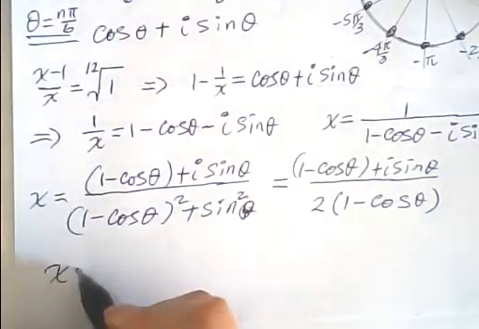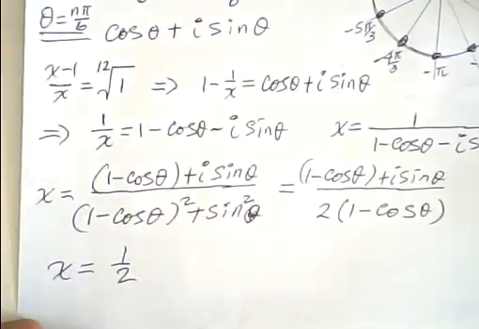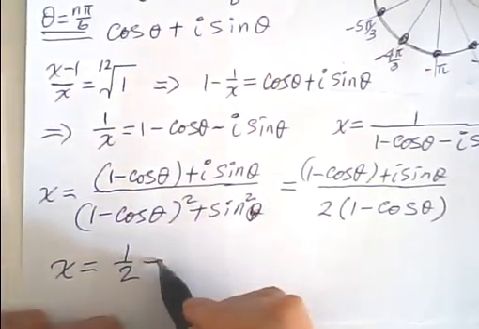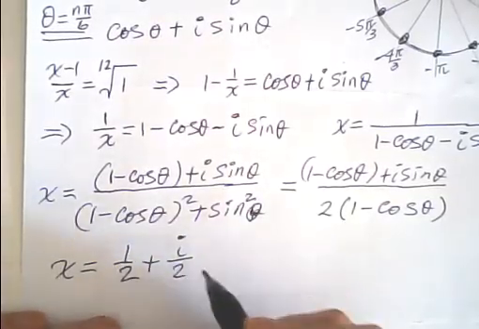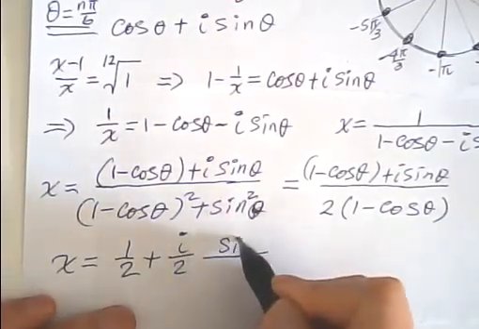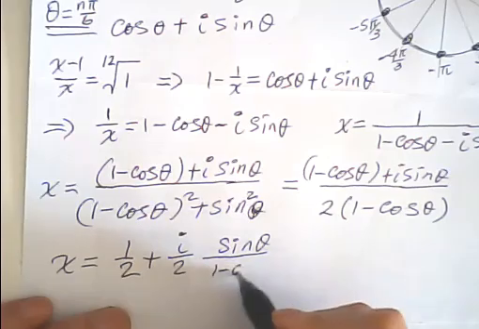So we simplify into 1/2. This over that is 1/2 plus half i times sine over 1 minus cosine.